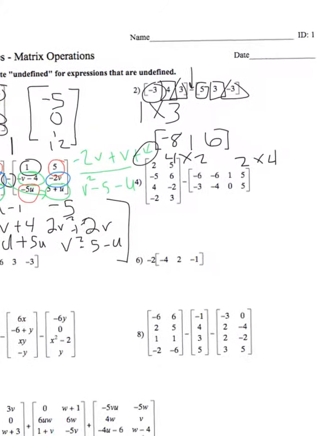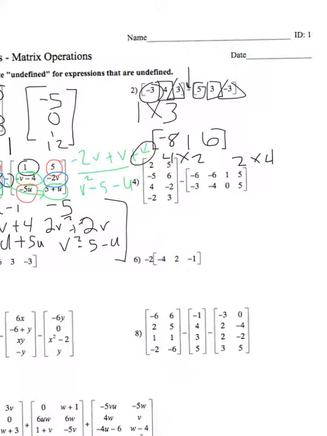Okay, so what happens if they're different? So we're going to try to add the spots. I need the upper left plus the upper left. Okay, there's those two. Then I would maybe come over to the upper right. So now I'm not sure which one to do. Is it this one or is it that one? But either way, there's not going to be a third one to go, so they don't match up. The spots don't match up. I don't have enough across.